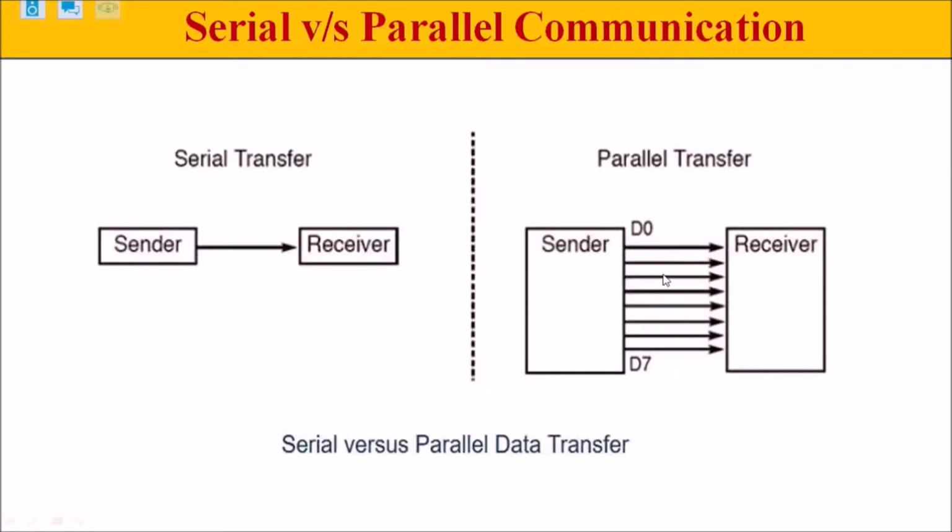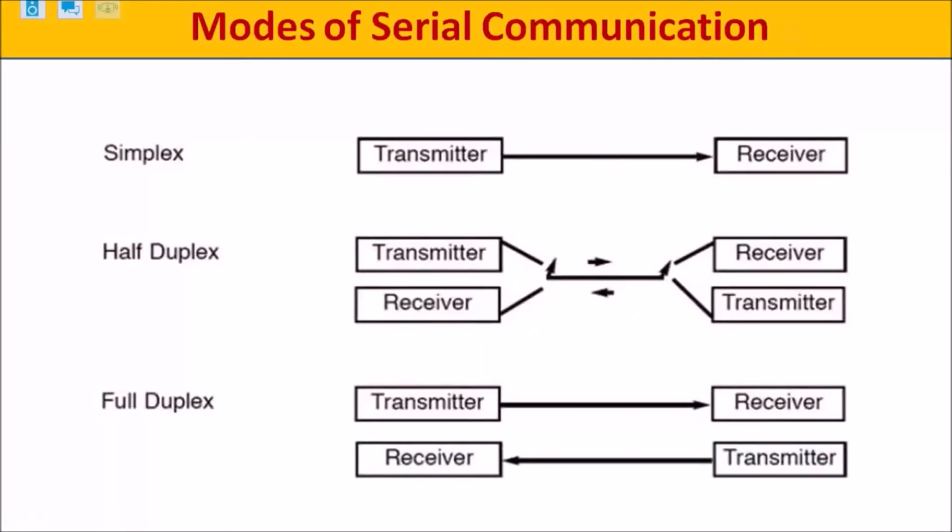Since hardware is complicated in parallel communication, for the shortest distance we prefer parallel communication. Maybe both ICs are on your PCB, so we can prefer parallel communication. For long distance, we prefer serial communication.